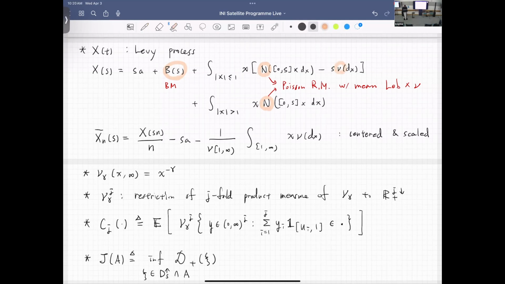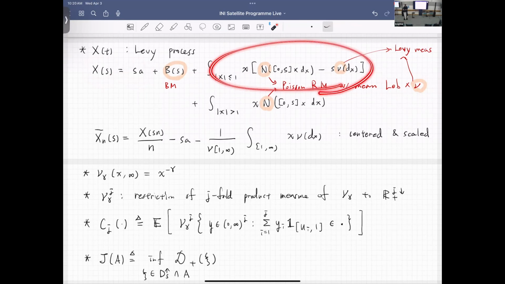Poisson random measure, with mean Lebesgue measure times the Levy measure of the original process X. So don't worry if you feel rusty about this, but the point is that this is a drift, and there's some drift associated with it.